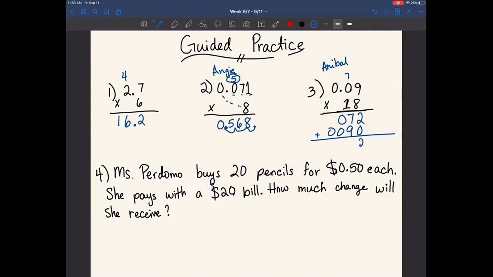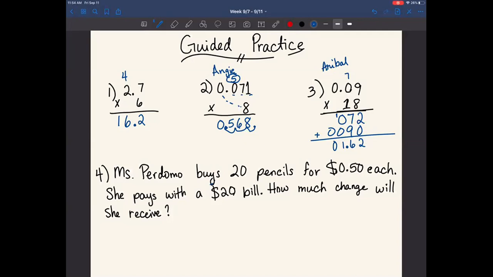So we have the 2 here. 7 plus 9 is 16. We carry the 1. 1 plus 0 is 1, and 0 is going to be 0. Okay. 162. And where's the decimal going to go? Between the 1 and the 6. Between the 1 and the 6.